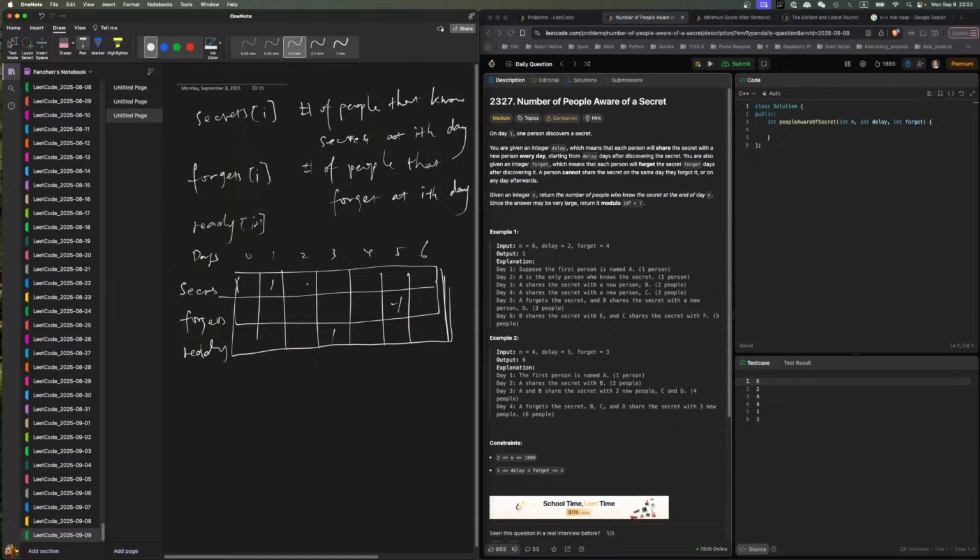Okay, now we go to day 2. Day 2, number of secrets, I just do this, so we add this, so still 1. Day 3, we have one person ready, so we add this amount of people who are ready, which means we add this number of people who will be ready to share.